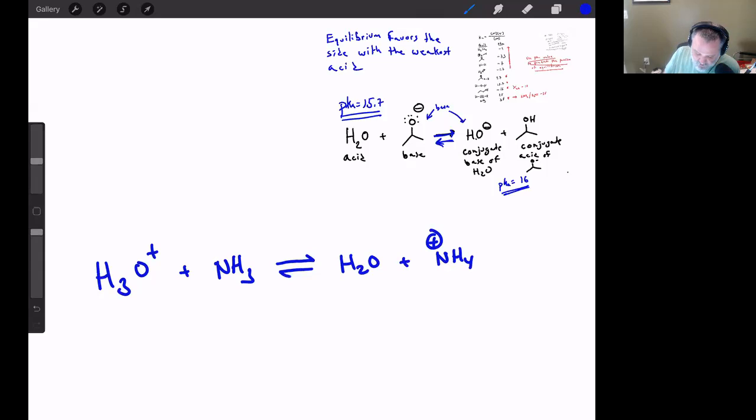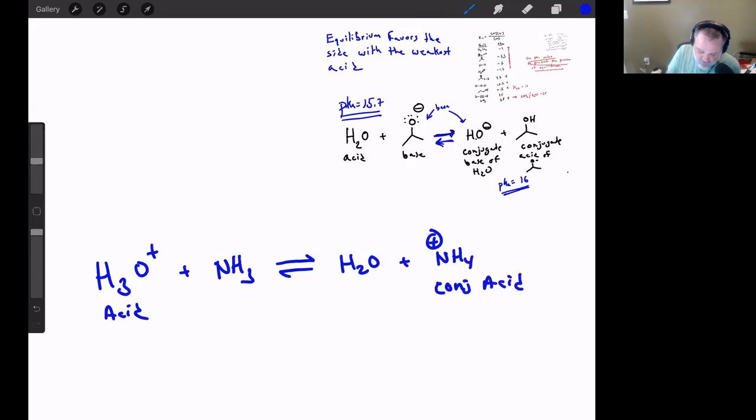Well, we have to think about what's acting as an acid on each side. On this side, this one is acting as the acid, and on this side, this one is acting as the acid. This is the conjugate acid.